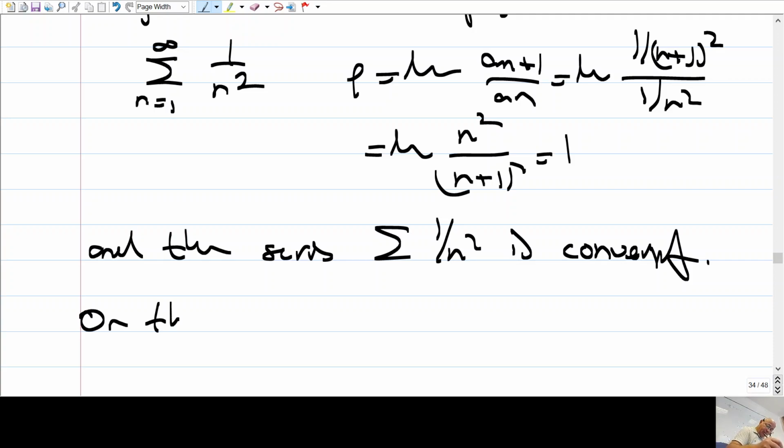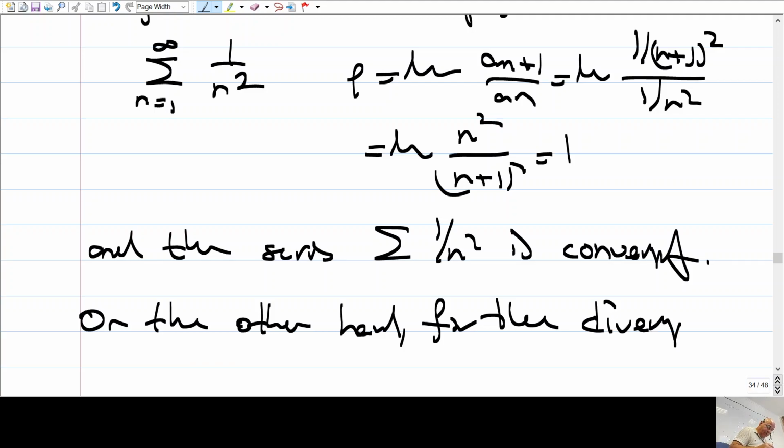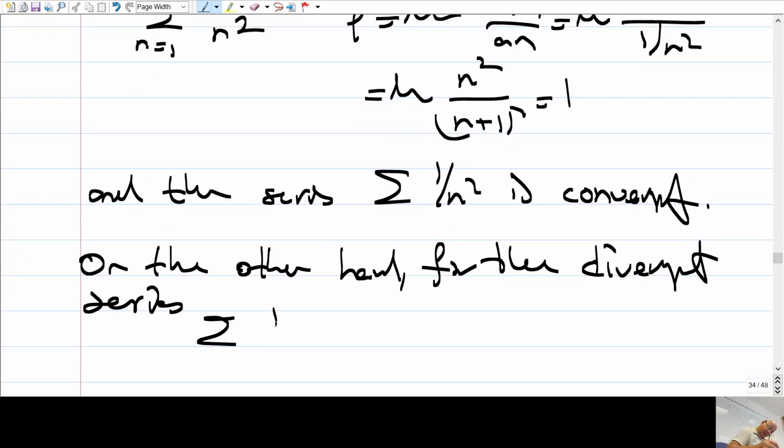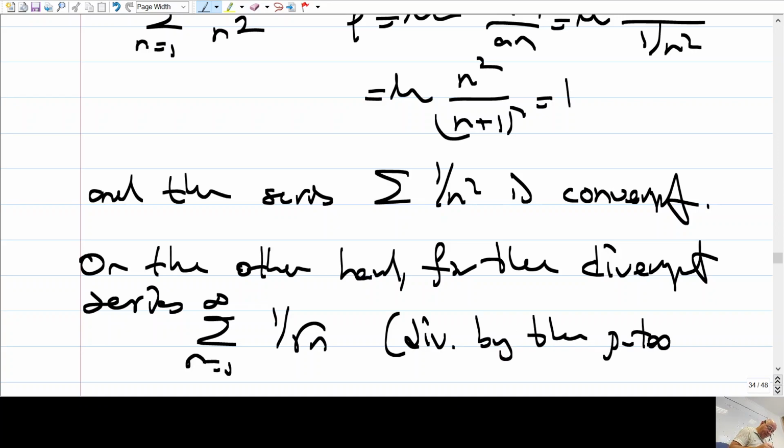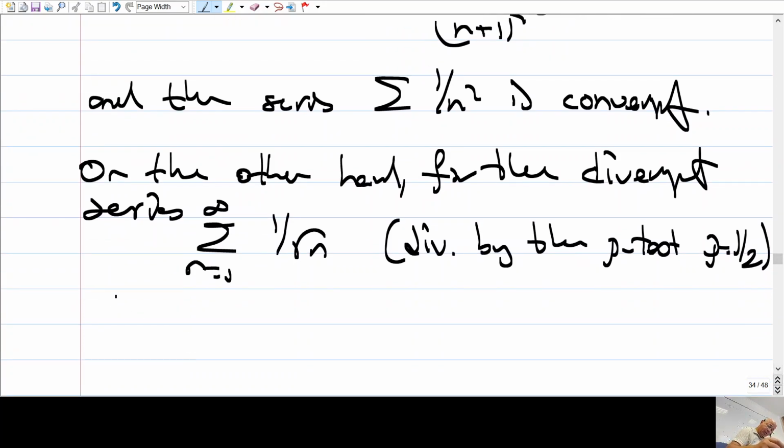On the other hand, consider a divergent series. Which divergent series? This one, let's say 1 over square root of n. This is divergent by the p-test, right? p is 1 over 2, which is less than 1. It is divergent. We still have rho.